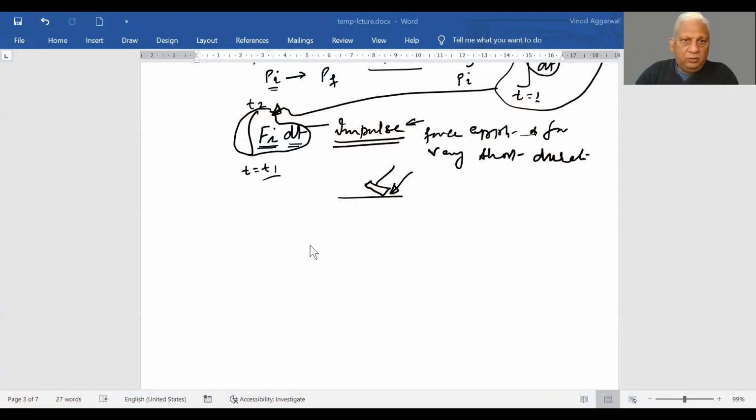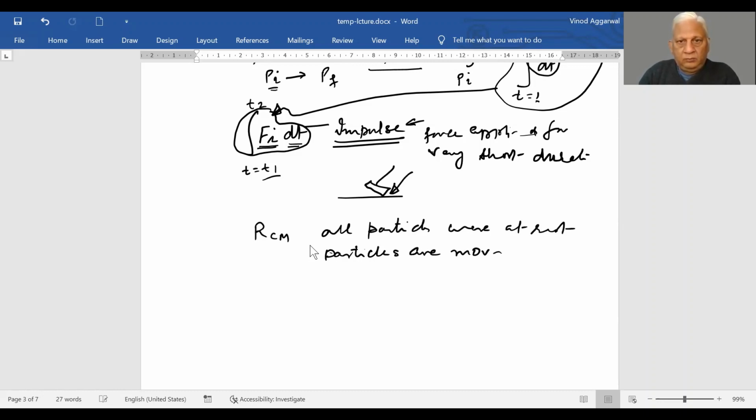Earlier, we have seen how to calculate the center of mass of a system of particles. And what we had assumed is that all particles were at rest. Now, what happens if they are moving? There are different cases.